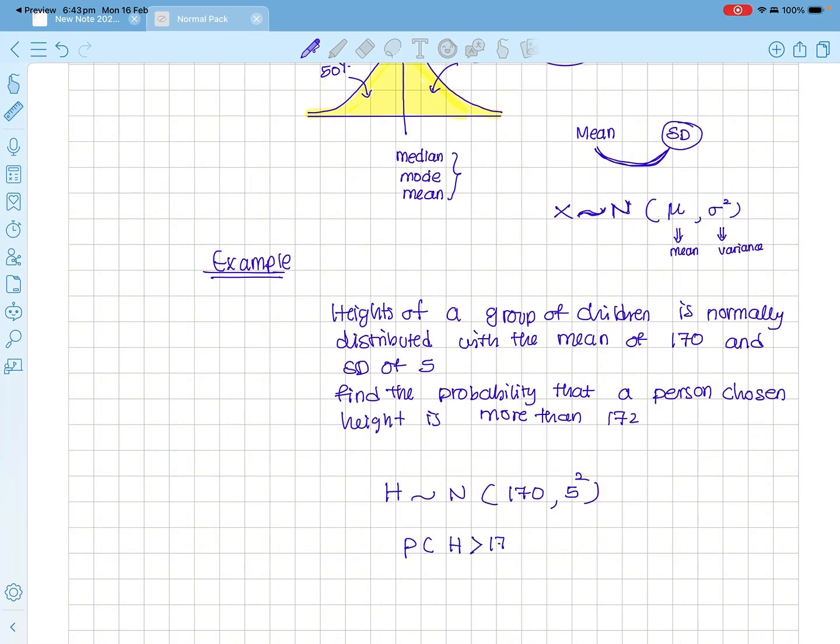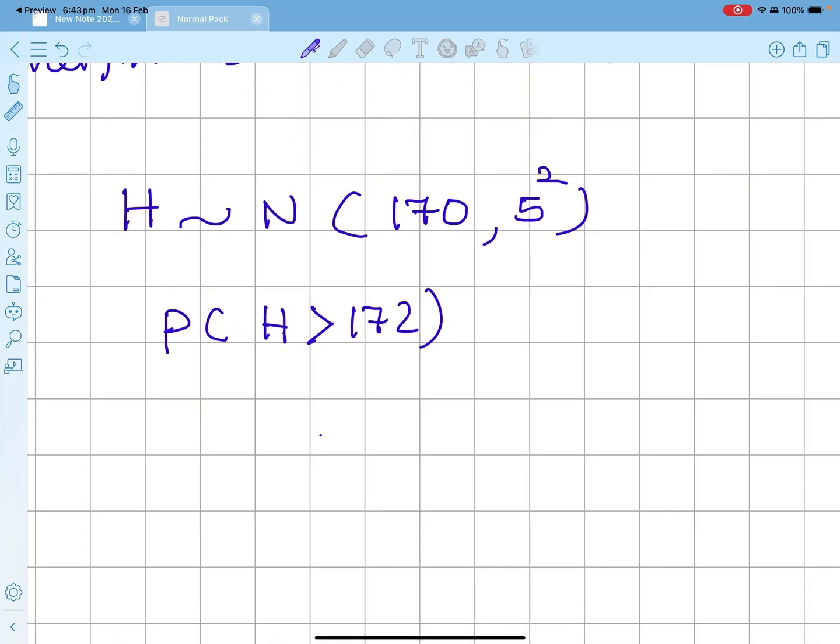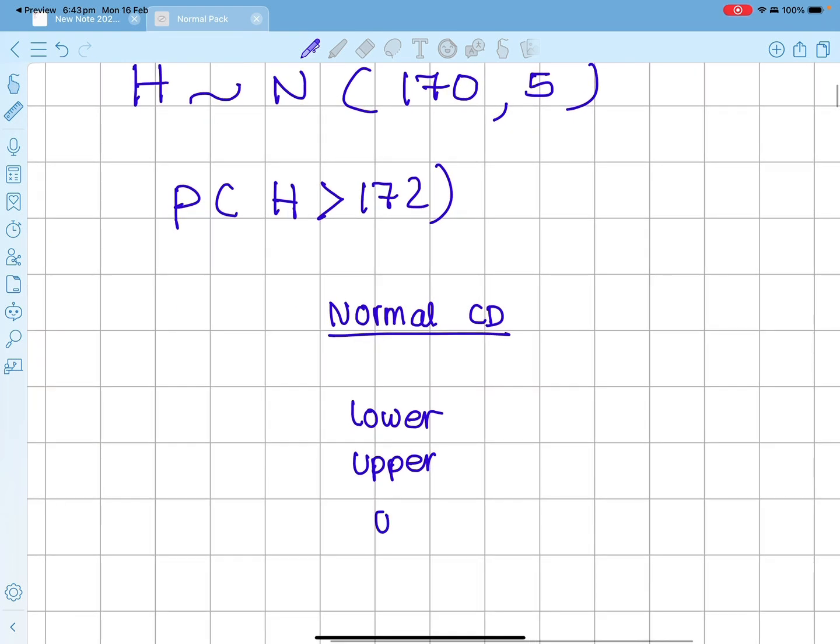To calculate this, in your calculator, there is an option called normal CD. In the normal CD, you're going to put lower, upper, and then it'll ask you for sigma and mu. Lower, you're going to put 172, because it's starting from 172. Can it go any less than 172?